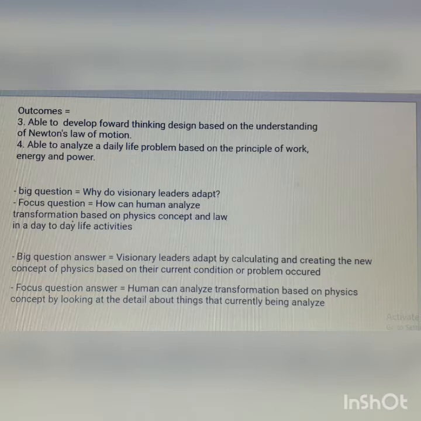And to answer the second question, a physicist must look at every single detail of the object. So humans can analyze transformation based on physics concepts by looking at the details of things that are currently being analyzed.